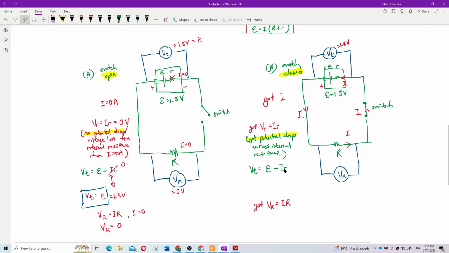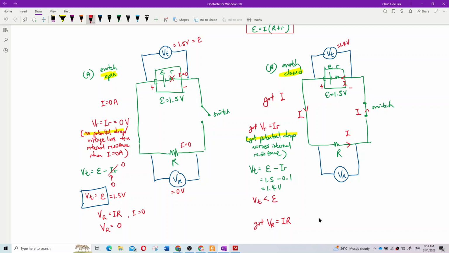So that's why your terminal voltage is like 1.5 minus 0.1, so you get only 1.4 volt. Understand? So that means for this case, your terminal voltage is less than EMF.